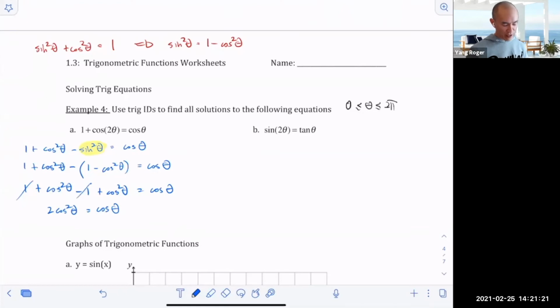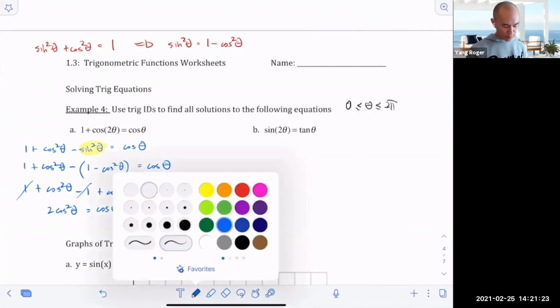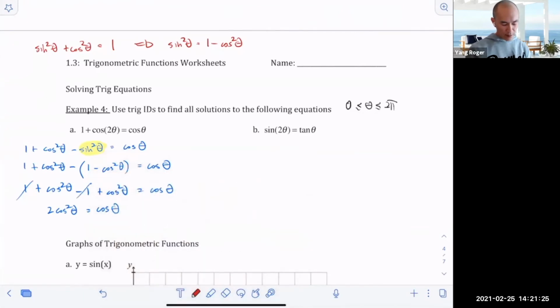I'm going to take a short detour here for a second. If I gave you something like x squared is equal to x, how many of you want to go cancel an x from this side and an x from this side and I get x equal to 1? How many of you want to do that?